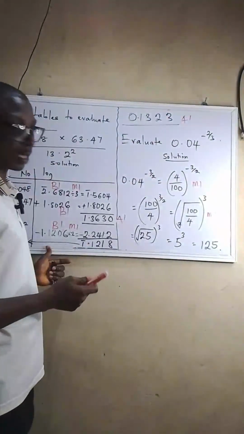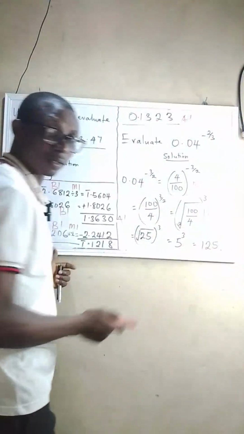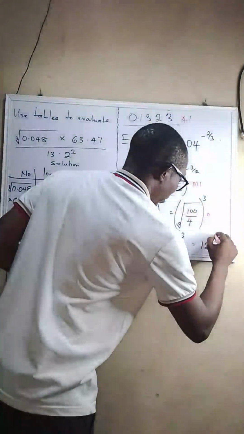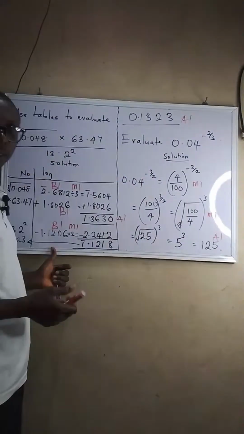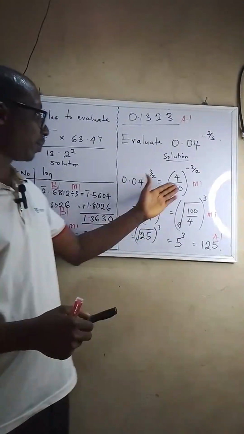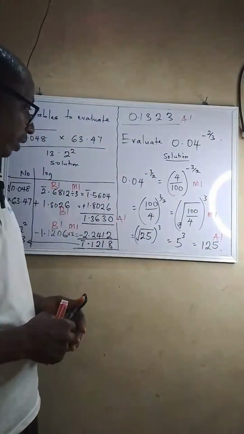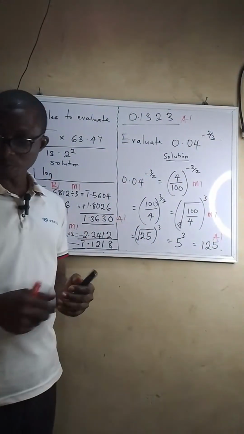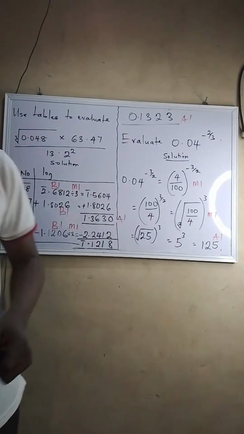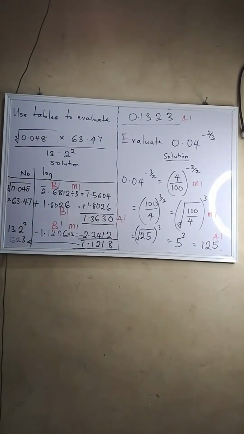And for getting the answer to be 125, there will be another mark. So the total mark for this question is 3. Okay, now let's move down to another question.